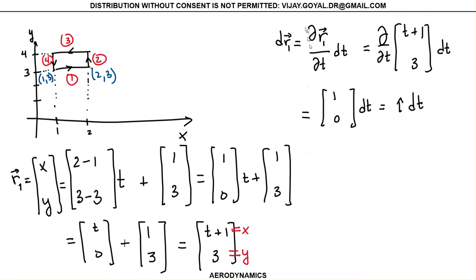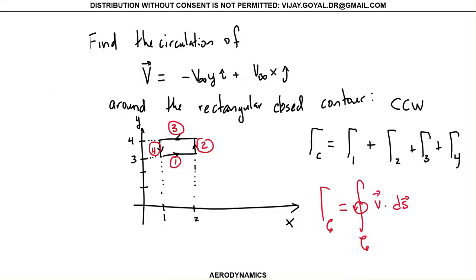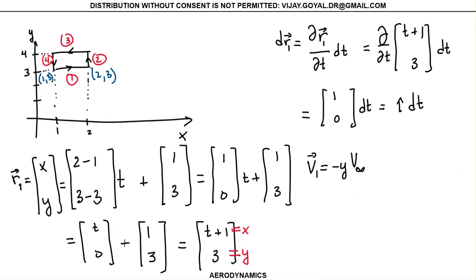Okay, so we found this. The next thing we need to do is find the velocity vector. The velocity vector is minus y v infinite i plus x v infinite j. That's the stream velocity, v infinite, that's what the stream velocity really means.